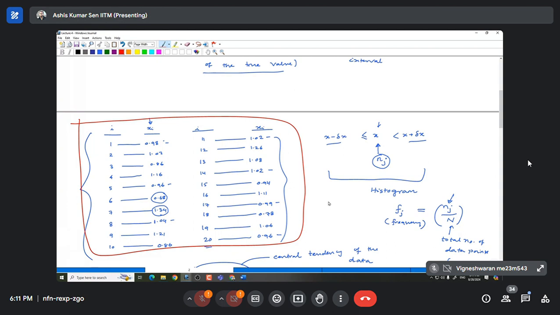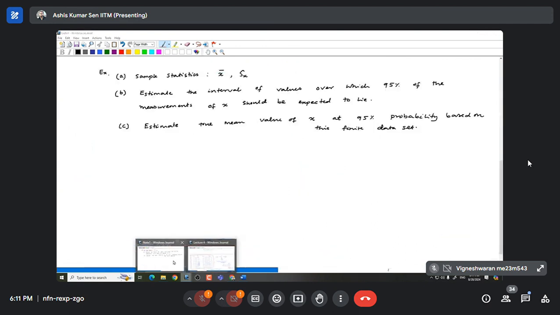So we are going to define that interval within which 95% measurements are going to lie. And number 3 is that we want to estimate the true mean value of X at 95% probability. Okay. So how do we do this?